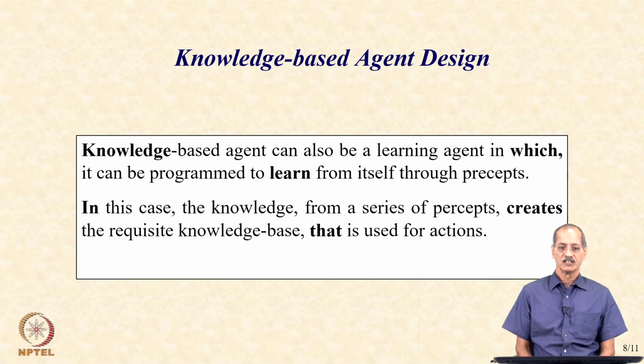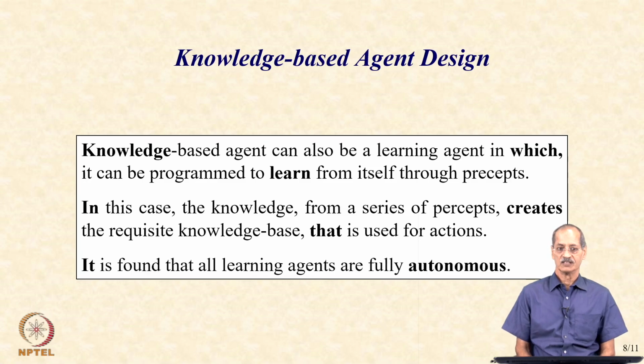In this case, the knowledge from a series of percepts creates a liquid knowledge base that is used for actions, and ultimately it is found that all learning agents are fully autonomous. This is the ultimate objective that most of us are trying to achieve: creating learning agents which will function in an autonomous manner.